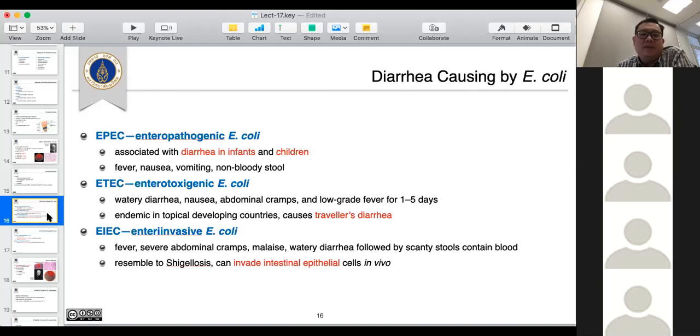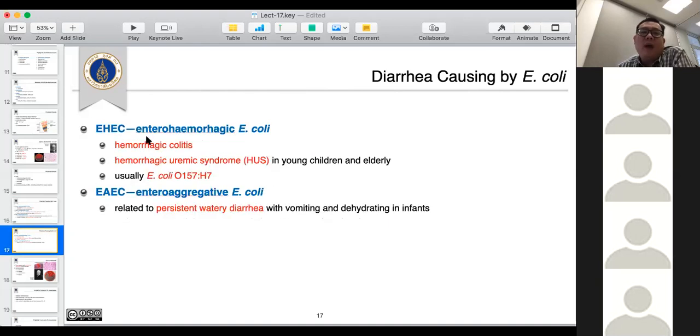So that's enteroinvasive. Enteropathogenic causes diarrhea in infants. Enterotoxigenic causes traveler's diarrhea. Enteroinvasive E. coli invade. We still have enterohemorrhagic E. coli, EHEC.